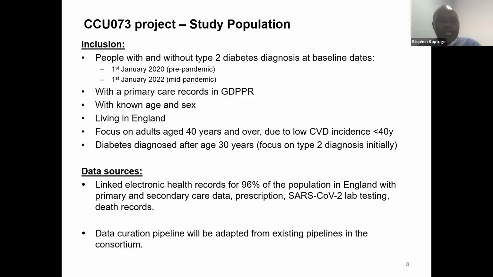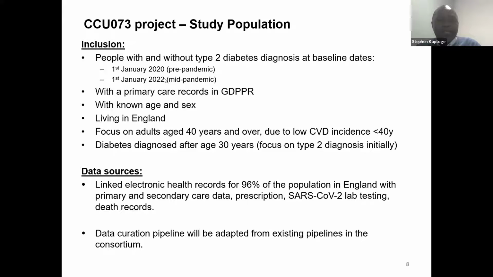So for the inclusion criteria, we will have 2 cohorts essentially, and the reason for that is we don't know whether it will be feasible to handle the large data sets. And the second is we would probably want to start off with a cohort which has pre-existing COVID diagnosis.